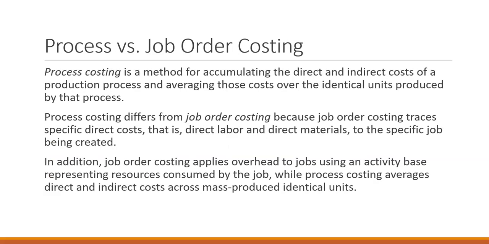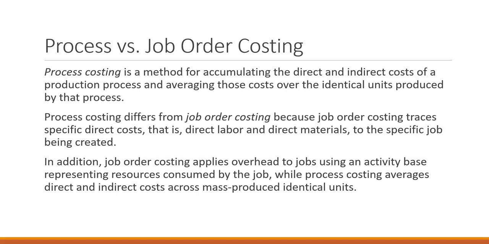Process costing is how we accumulate our direct and indirect costs of production across identical units that are mass produced. Remember, in job costing in Chapter 17, we trace our job costs to individual jobs, so direct labor and direct material to those specific jobs, and then we allocate overhead costs using an activity-based.